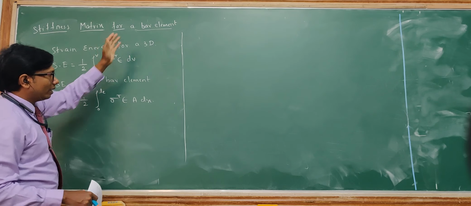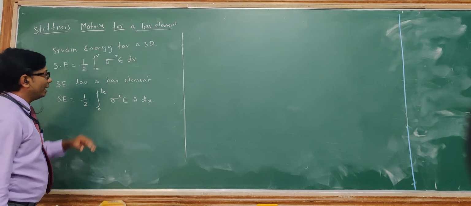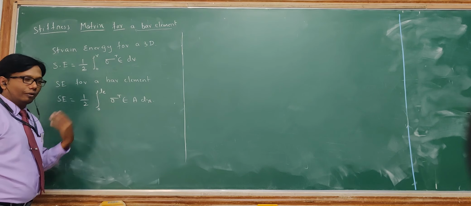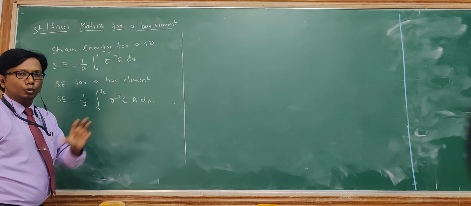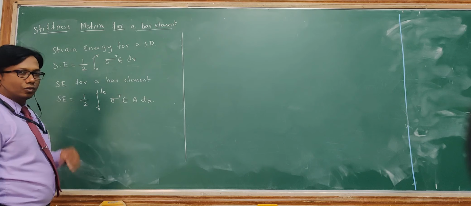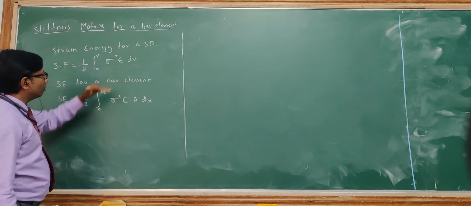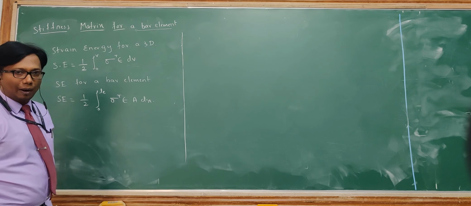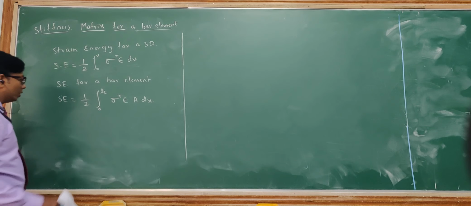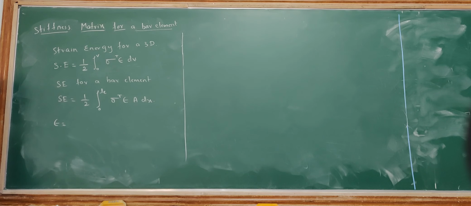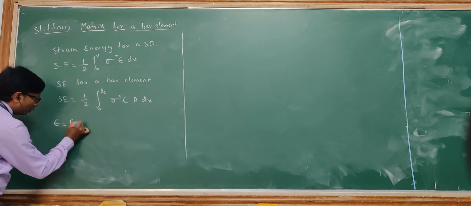So row-wise and column-wise have to be multiplied in that case, because initially strain was dou u by dou x. Now when you write the strain matrix, it is B into u. B is a matrix, so whenever we are solving a matrix, we need to convert that. One has to be a transpose, one has to be a normal parameter, then only the matrix multiplication will happen. So we know from the previous strain displacement equation that it was B into u.